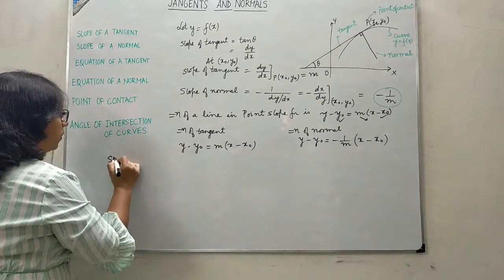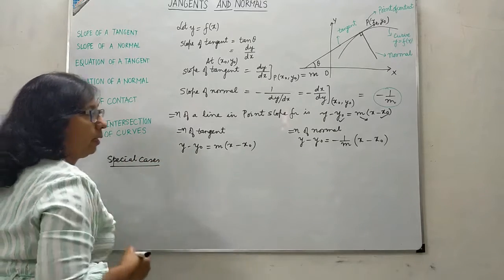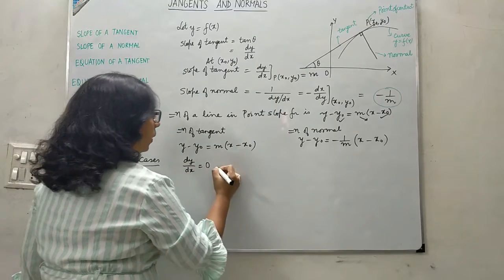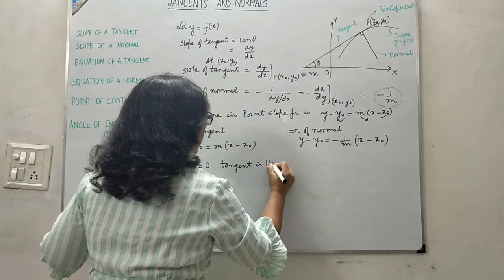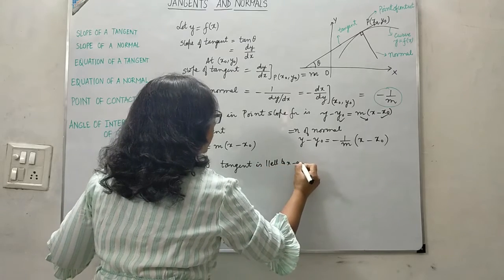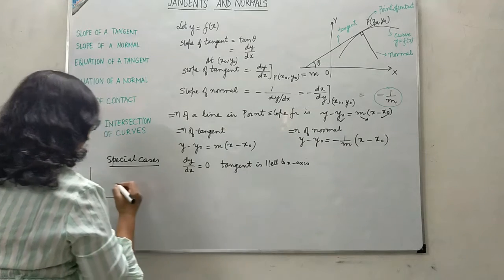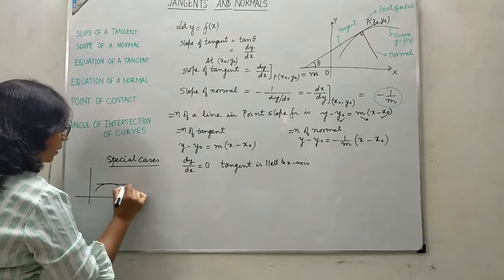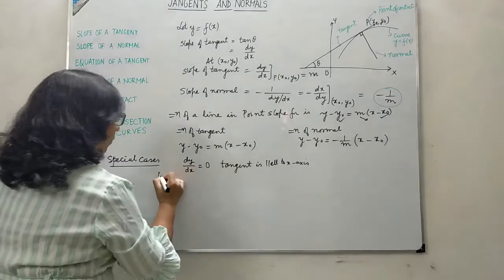Now we can take some special cases. See, when dy by dx is 0, the tangent is parallel to x-axis. Let me take a curve like this. When tangent is parallel to x-axis, say this, then the angle theta is 0.